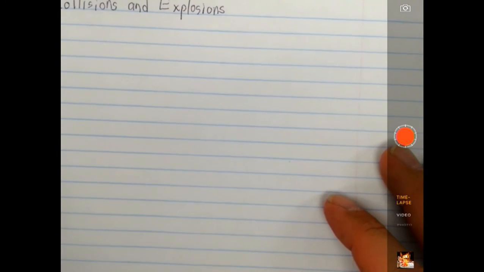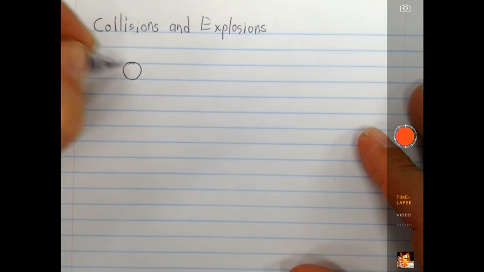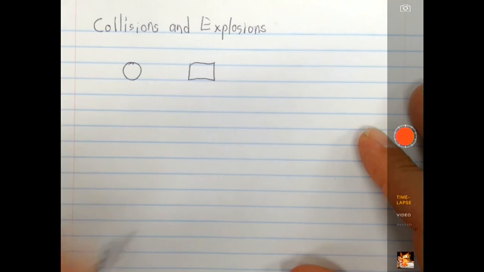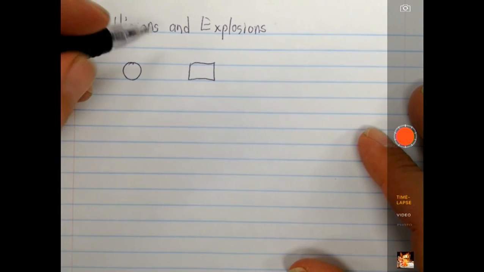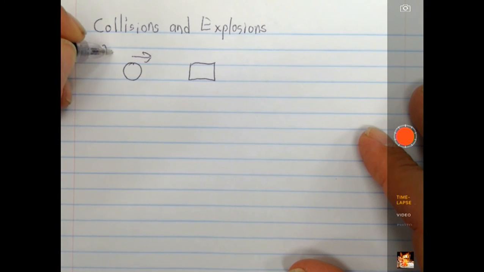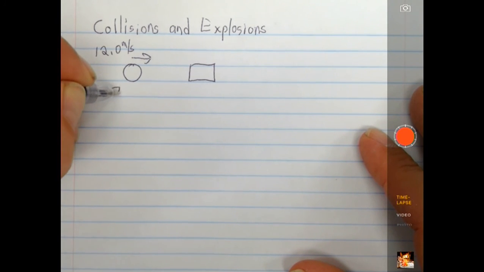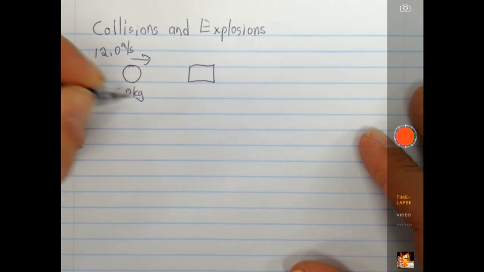Okay. Collisions and explosions. I have that ball and it's going to hit that box. This ball is going at 12 meters per second and it has a mass of 7 kilograms.